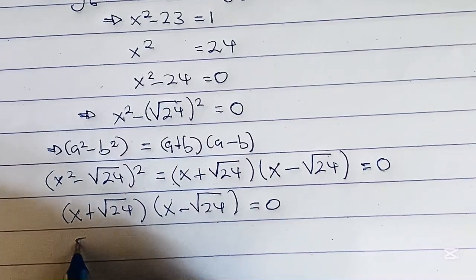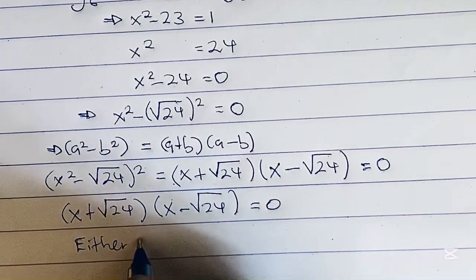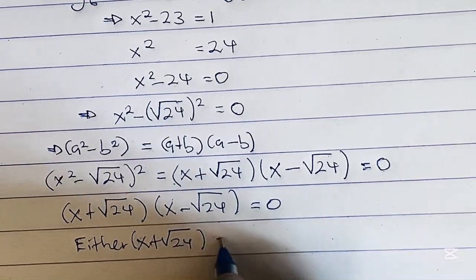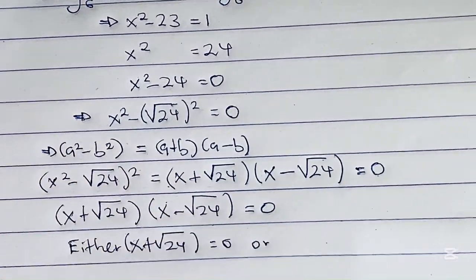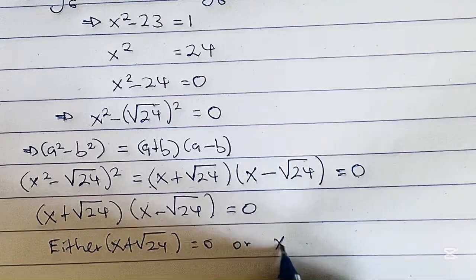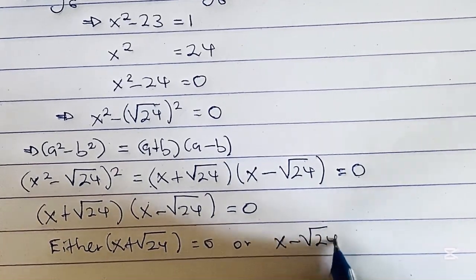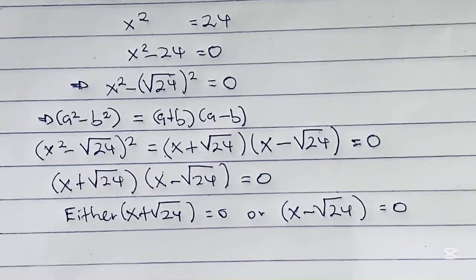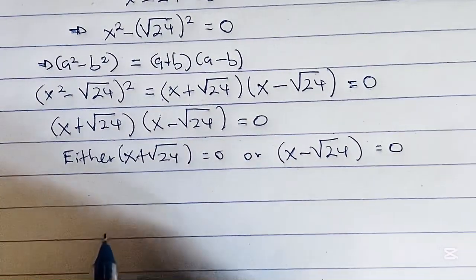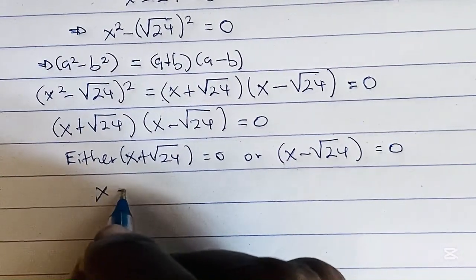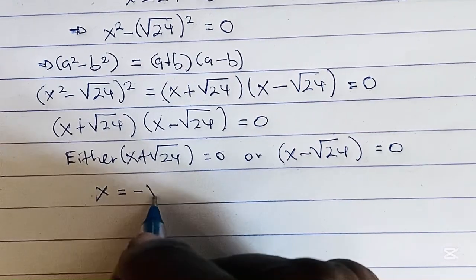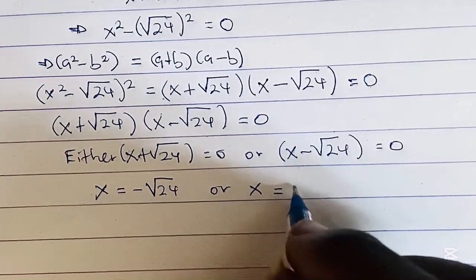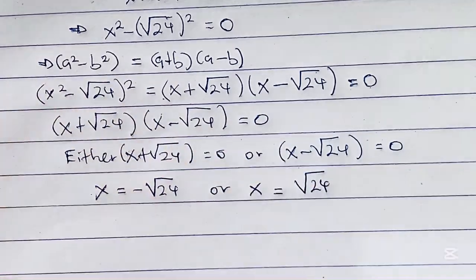So either x plus root of 24 is equal to 0, or x minus root of 24 is equal to 0. Then x is equal to negative root of 24, or x is equal to root of 24.